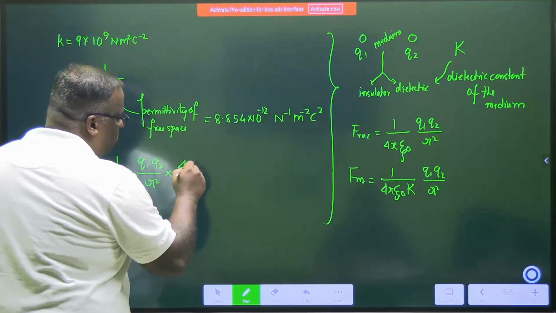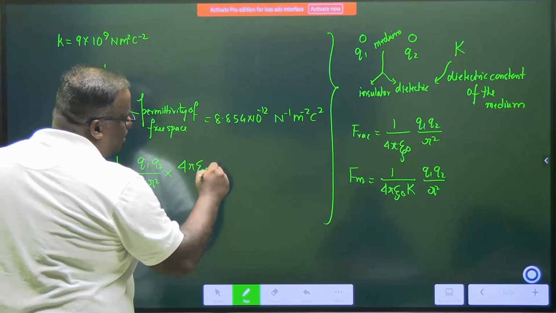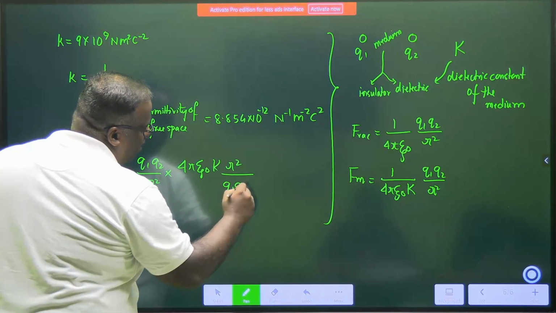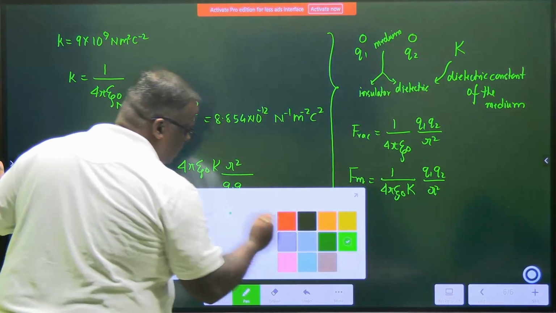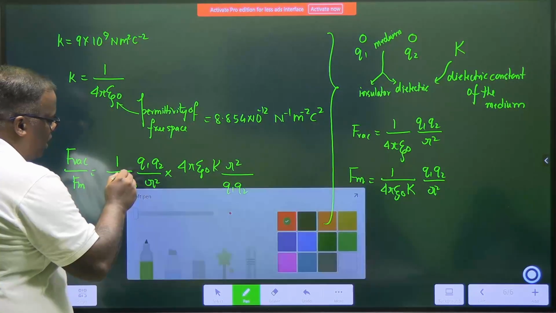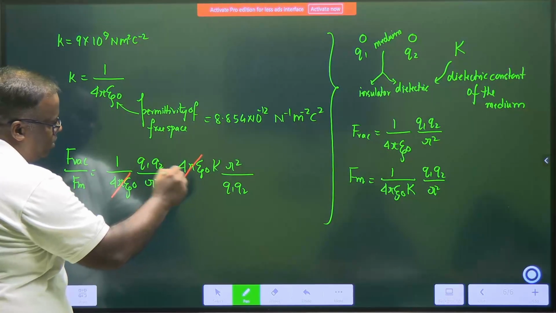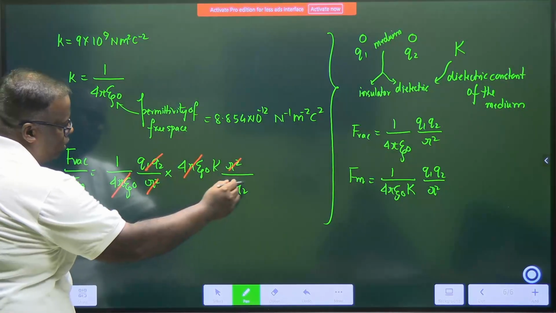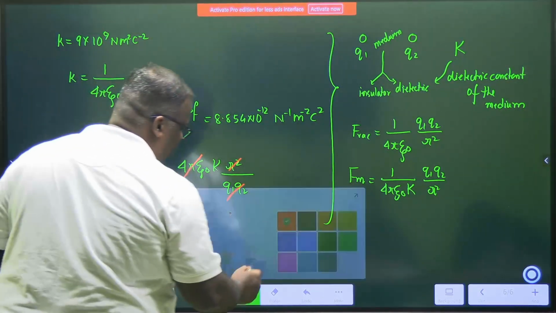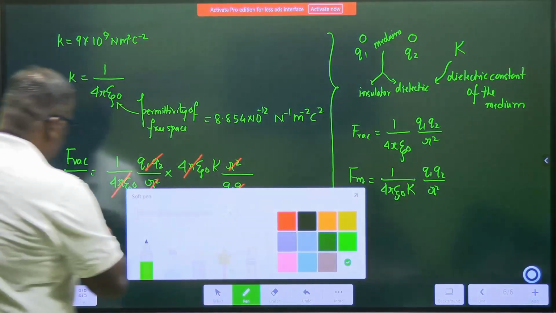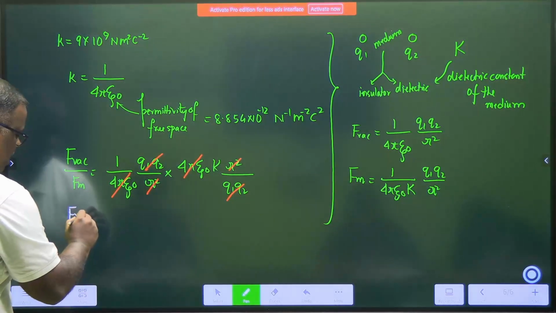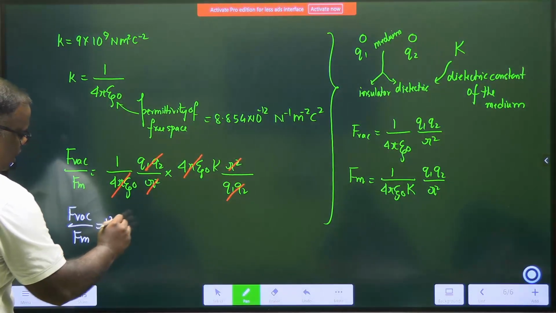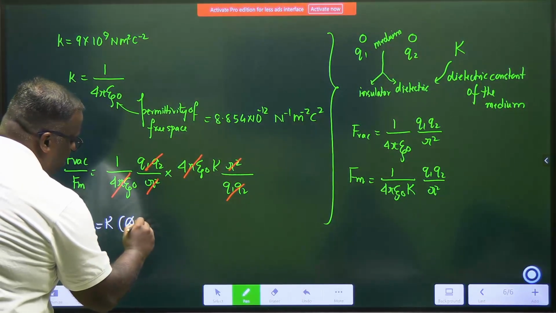I have a 4 pi epsilon naught K, a R square, a Q1, and a Q2. Agreed? So 4 pi epsilon naught cancels, R square cancels, Q1, Q2 cancels. The only fellow you are left with is K. So F vac upon F medium is equal to K. And K is known as your dielectric constant.